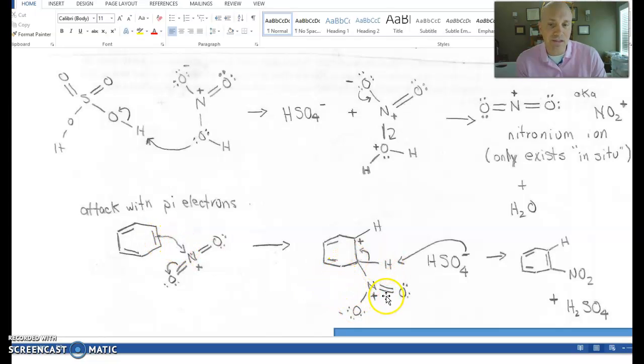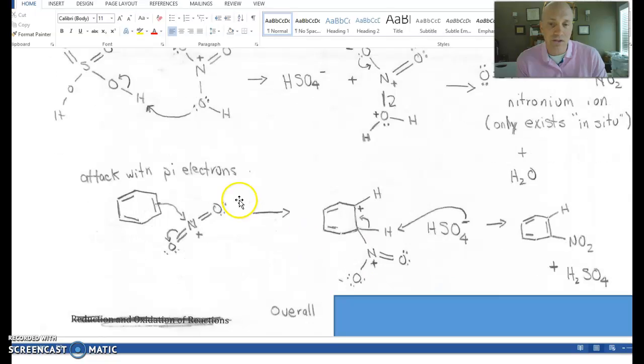That creates this intermediate right here. So we're going to make a bond between this carbon and that nitrogen. That then puts a positive charge on this neighboring carbon. And then remember we've got this H2SO4, HSO4 minus that got created before. That can act as a base to abstract that hydrogen. These electrons go back in, and then you get your nitrobenzene.